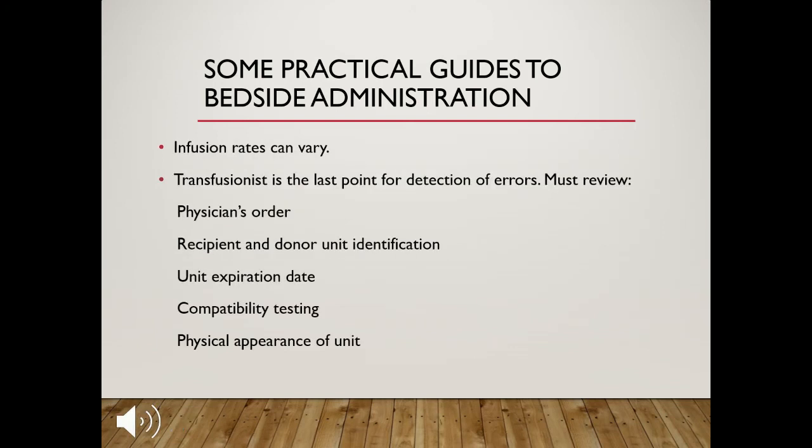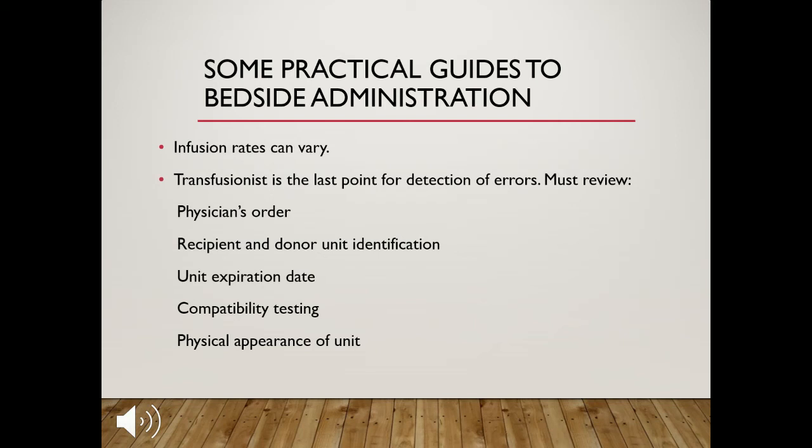Infusion rates of blood components may vary. So, there are some that are given as fast drip, and some that are not. For PRBC, they are transfused over 4 to 6 hours. For plasma, platelets, and cryoprecipitate, if there is no risk of pulmonary congestion, then it can be given as fast drip. But if there is congestive heart failure or renal failure, then you have to give it more slowly, over 1 to 2 hours.